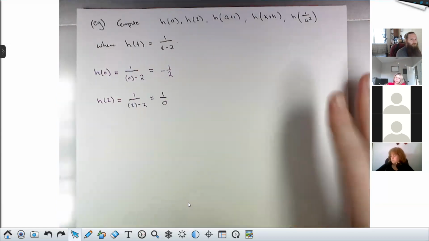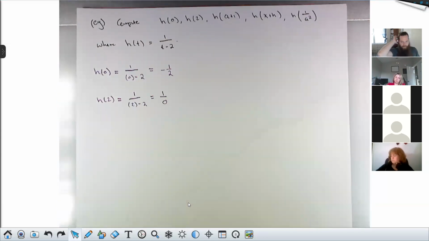What's going on here? You can't have a 0 in the denominator. Yeah, that's right. So if I wanted to talk about the domain of this function, just like we talked about last week, you'd find the domain of this expression. You see that the bottom's not allowed to be 0, which means t, my variable, is not allowed to be equal to 2. So this, which leads to this, is a problem.